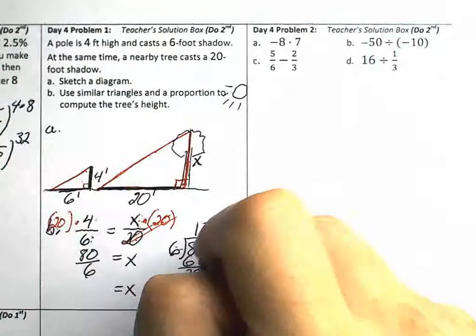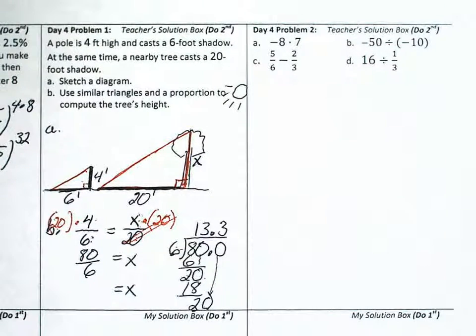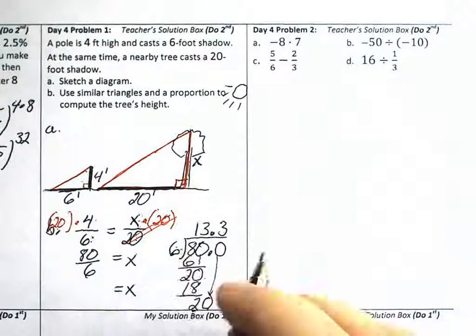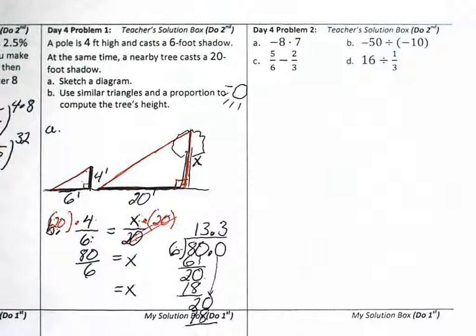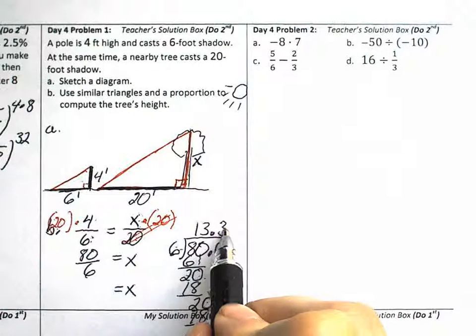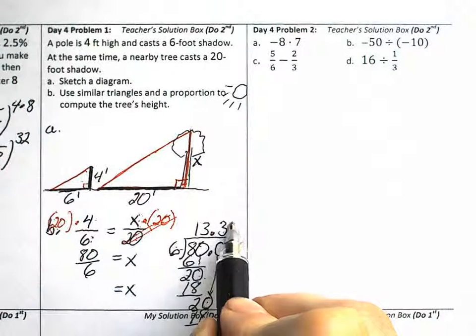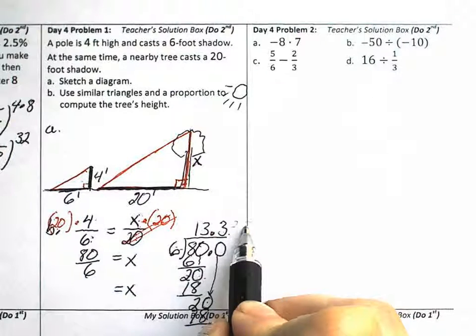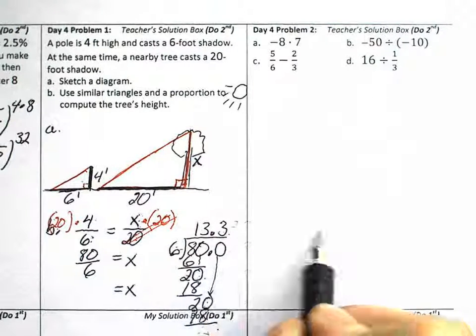6 divides into 20 3 times. And 3 times 6 is 18. But 20 subtract 18 is going to be 2 again. And if I put another 0 on here and bring it down by the 2, I get another 20. And so what's going to happen is that this digit 3 is going to repeat 3, 3, 3 forever.